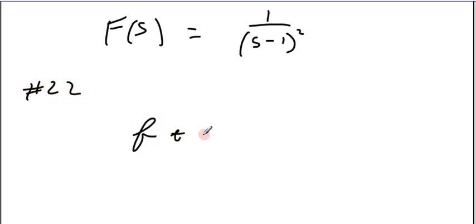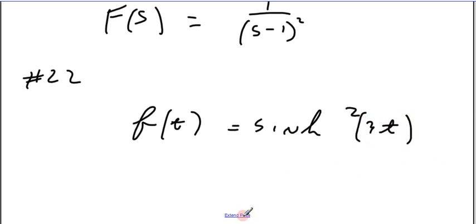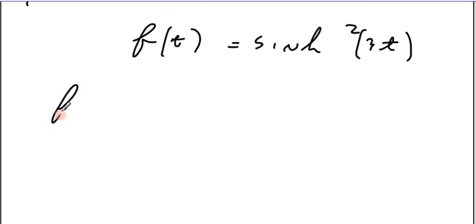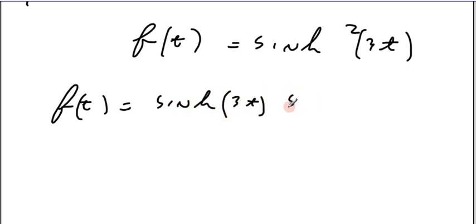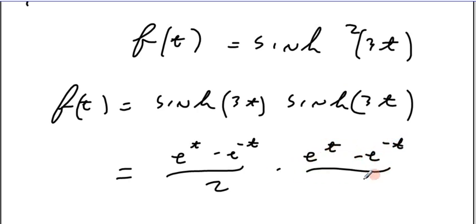Number 22, f of t is equal to hyperbolic sine squared 3t. Okay, so we've got f of t equals hyperbolic sine 3t times the hyperbolic sine of 3t, which is going to be e to the 3t minus e to the minus 3t over 2 times e to the 3t minus e to the minus 3t over 2.